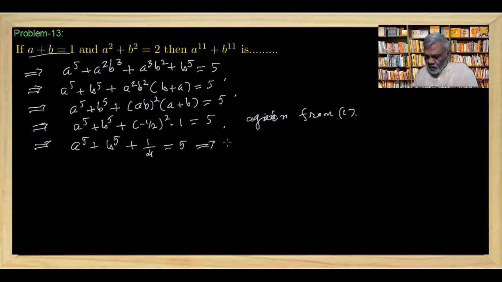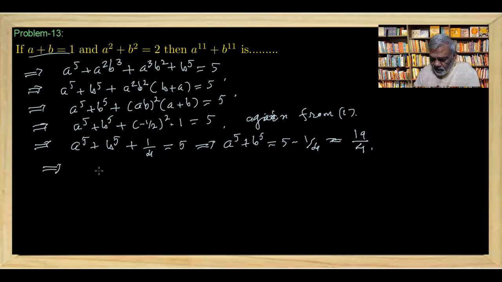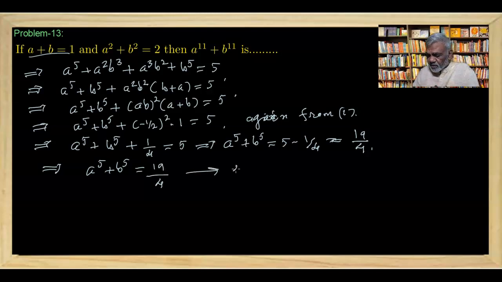This implies a raised to 5 plus b raised to 5 is equal to 5 minus 1 by 4, means 4 fives are 20 minus 1, 19 by 4. And this I would like to write down: a raised to 5 plus b raised to 5 equal to 19 by 4, and let me call this equation number 4.